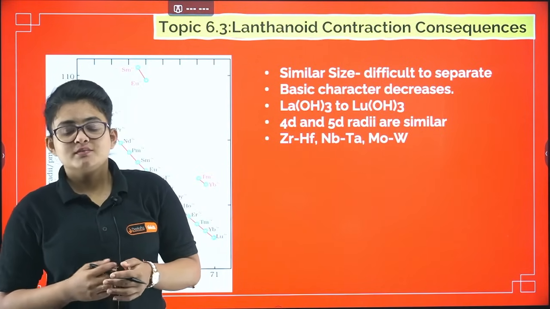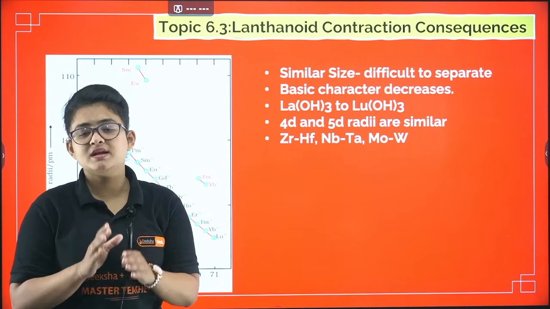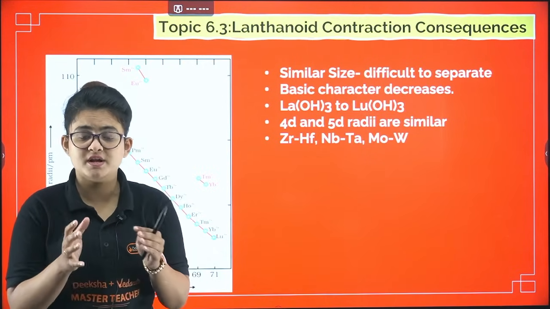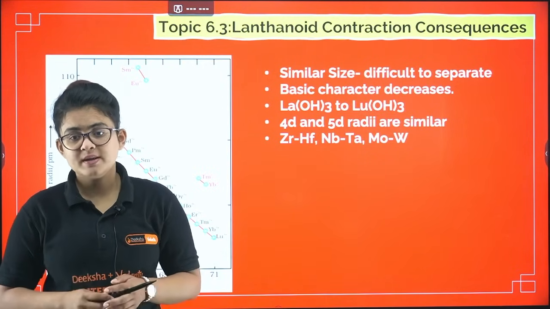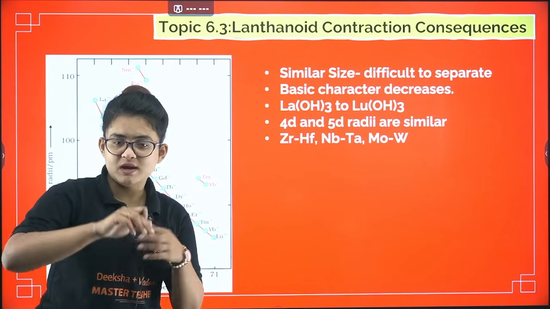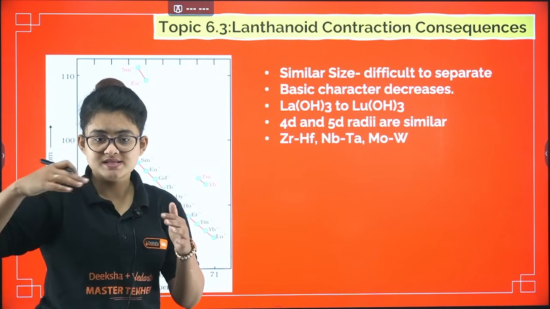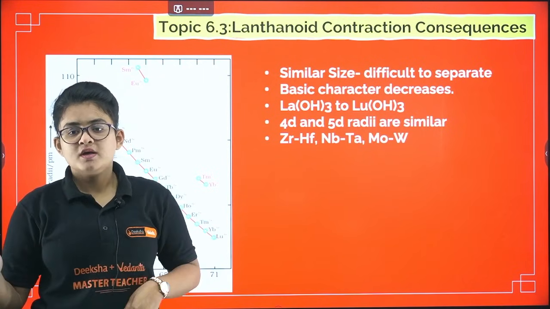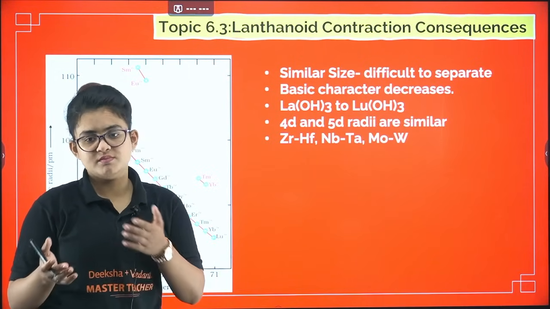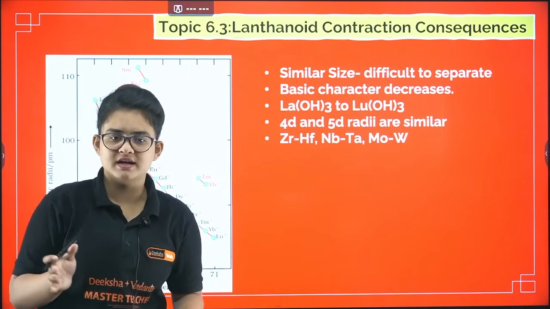Because of the similar size, they become very similar in chemical and physical properties, so they are very difficult to separate from their ores. Basic character decreases from La(OH)3 to Lu(OH)3. 4d and 5d radii become similar, like zirconium-hafnium, niobium-tantalum, molybdenum-tungsten, which are of quite similar radii.